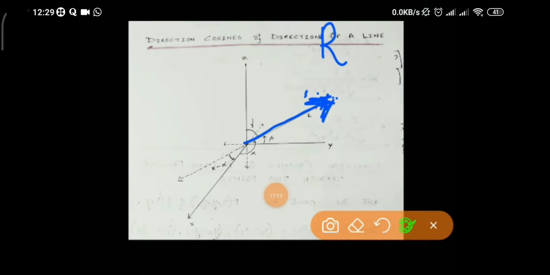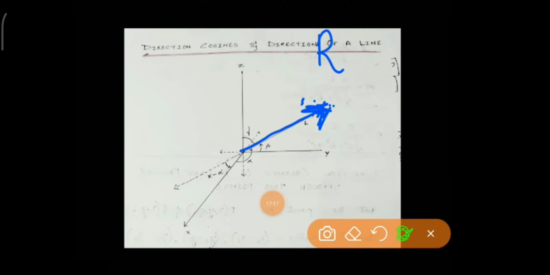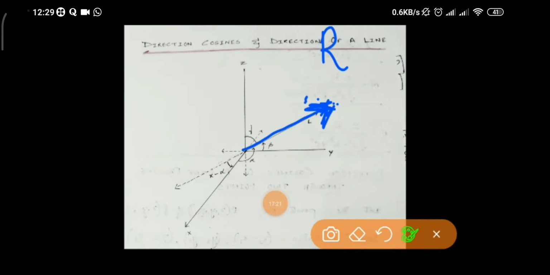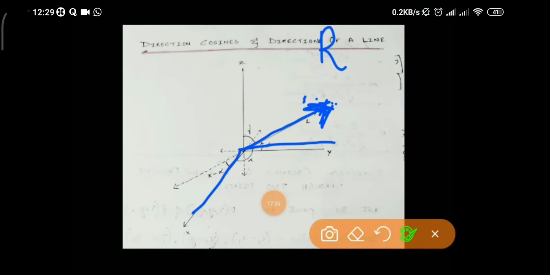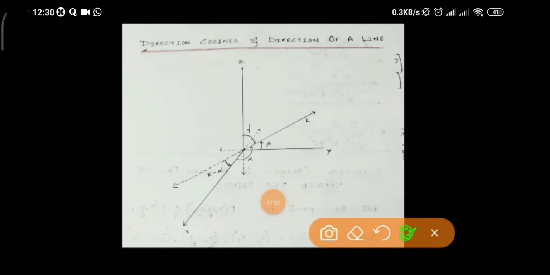So now let's talk about the direction cosines. Previously also we know that if the line is making an angle alpha with the x-axis, beta with the y-axis, and gamma with the z-axis, you can see those angles, then cos of these angles will be called the direction cosines.